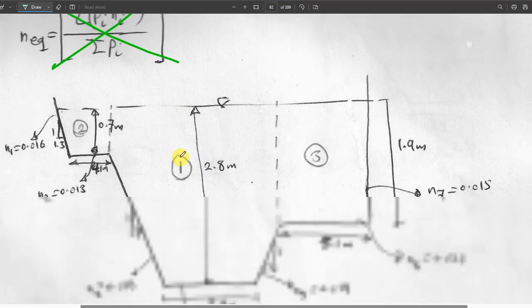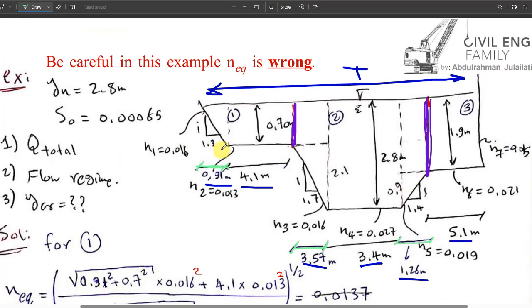After that we continue solving. We should get n equivalent for each channel, because we said this one represents one channel. So what is the n equivalent for this one?